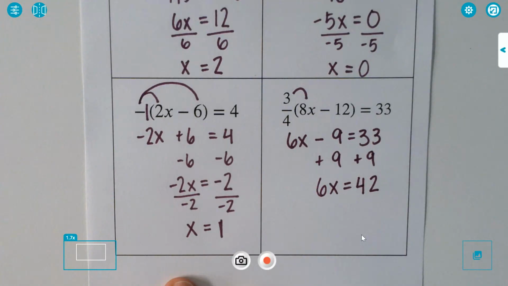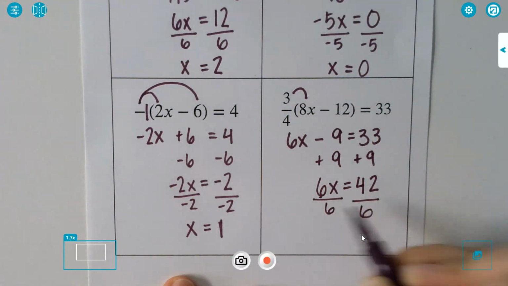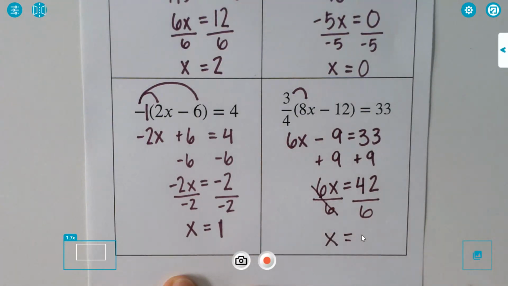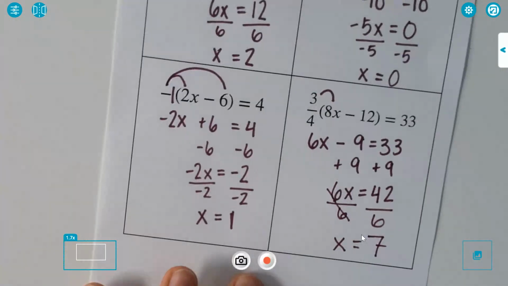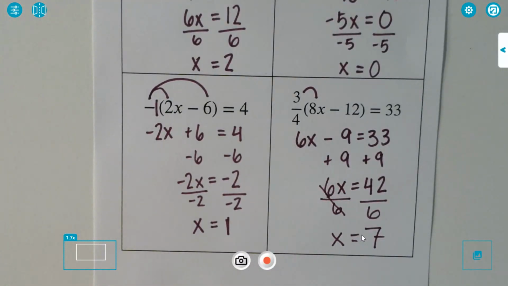And then we're going to divide both sides by 6. Those cancel. And our answer is 42 divided by 6 is 7. Okay. Questions, concerns, emotions, thoughts.